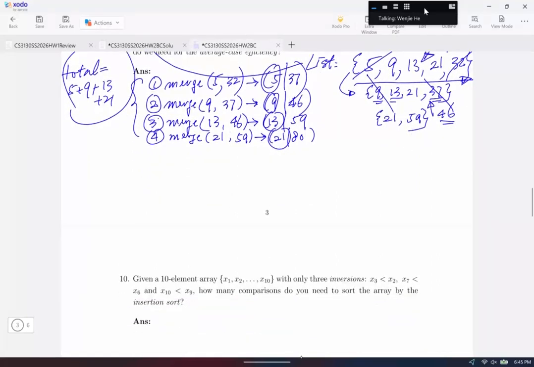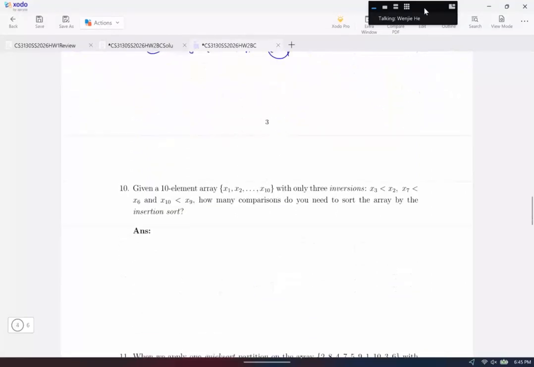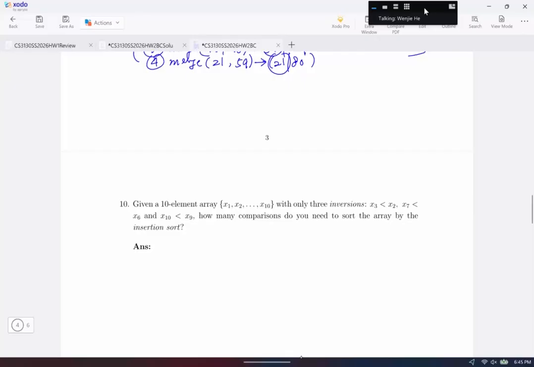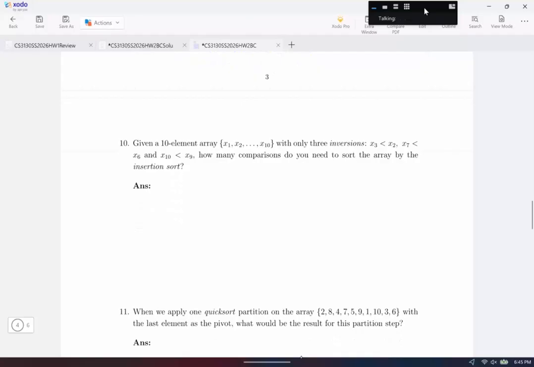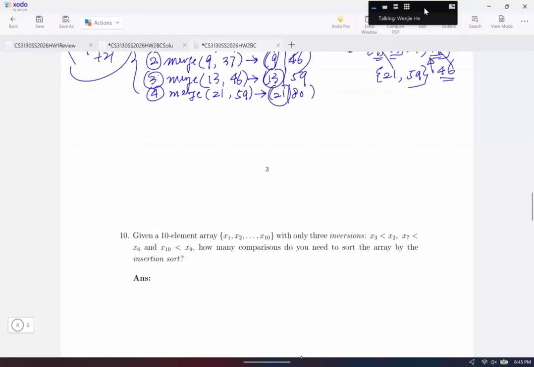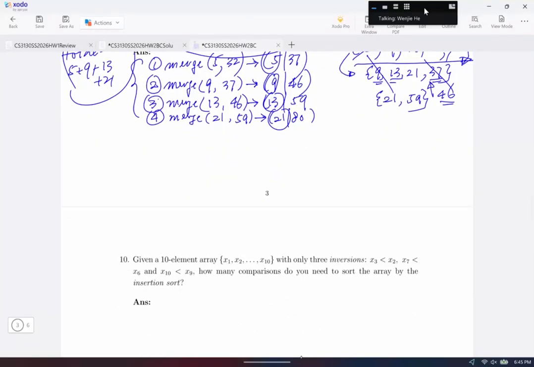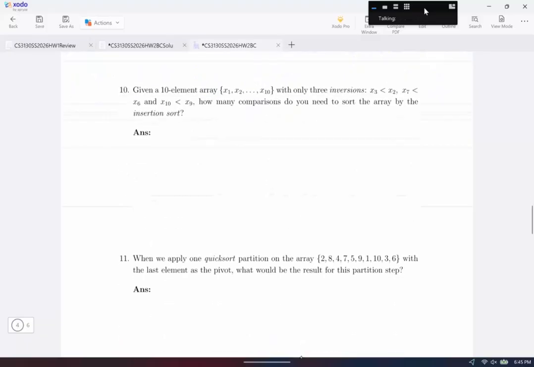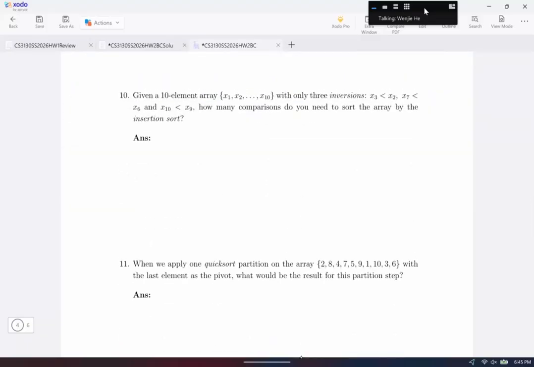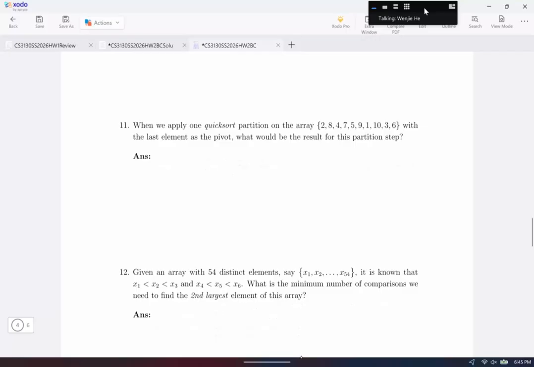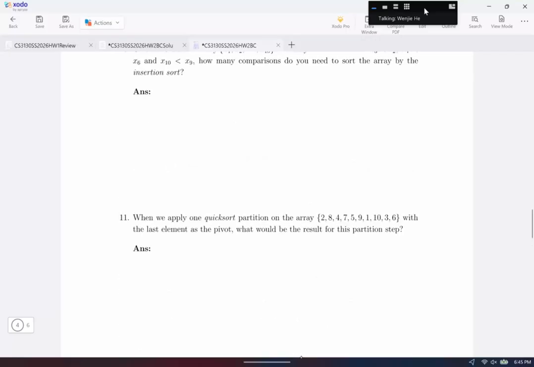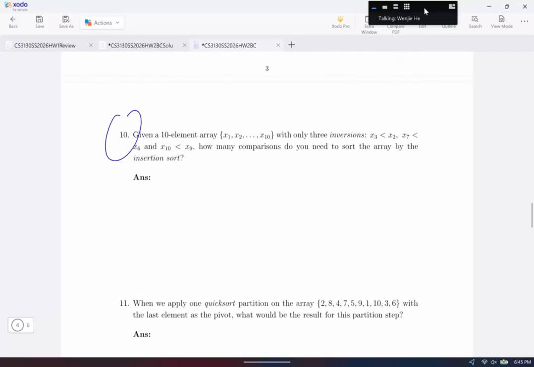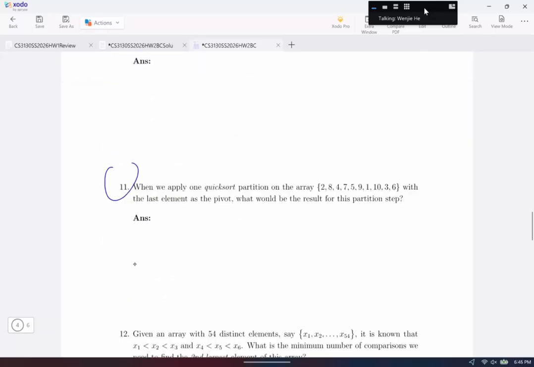So let's take a break. For these questions you just look at the solution. These 3 questions I do not have much to explain.